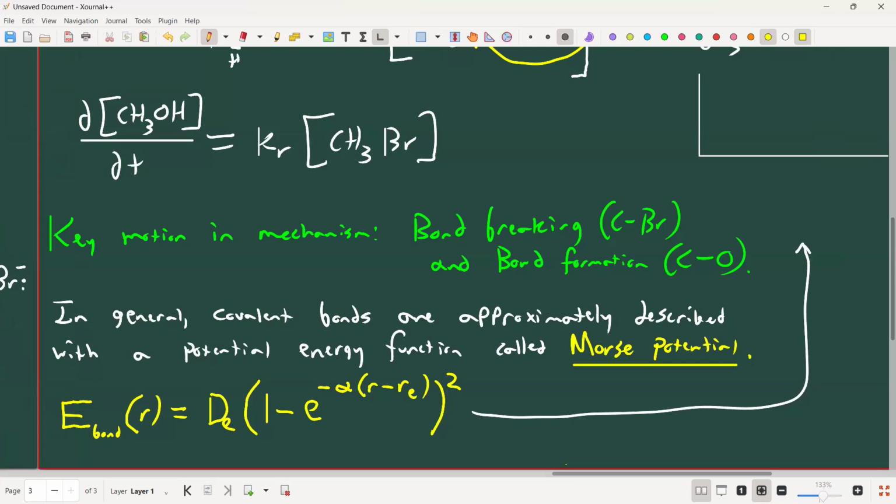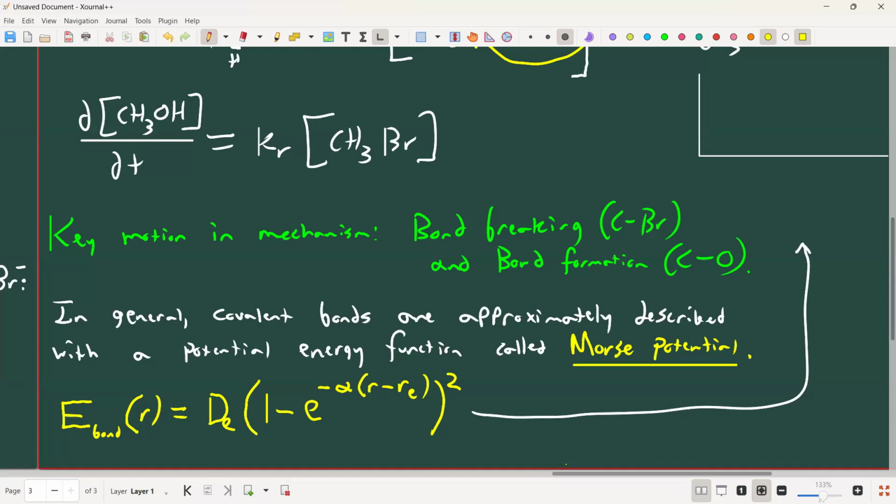So this goes to 1, and we have 1 minus 1, so this goes to 0 at large distance. At small r, less than r sub e, this number blows up. So at r equals 0, it goes to infinity, and at r infinity, it goes to 0.